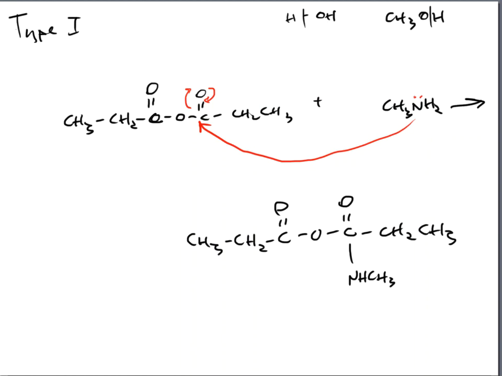Therefore, it's about how good of a leaving group these molecules are going to be. All right, so with this carbon, it has to figure out which one is going to be the better leaving group. Is it going to be this O with a carbonyl, which is our ester piece? Or is it going to be this nitrogen-containing compound that we identify as an amine?